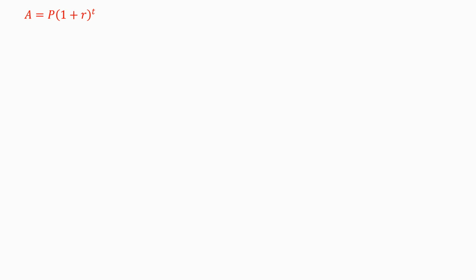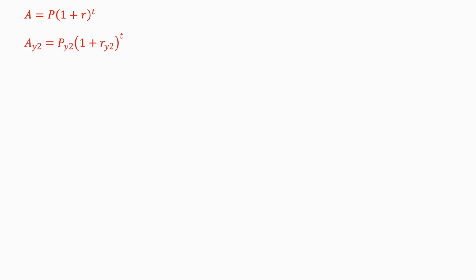But in our case, we have different rates for year 1 and year 2. So we are going to compute backwards. We first find the amount that was obtained at the end of year 1, which was now the principal of year 2.